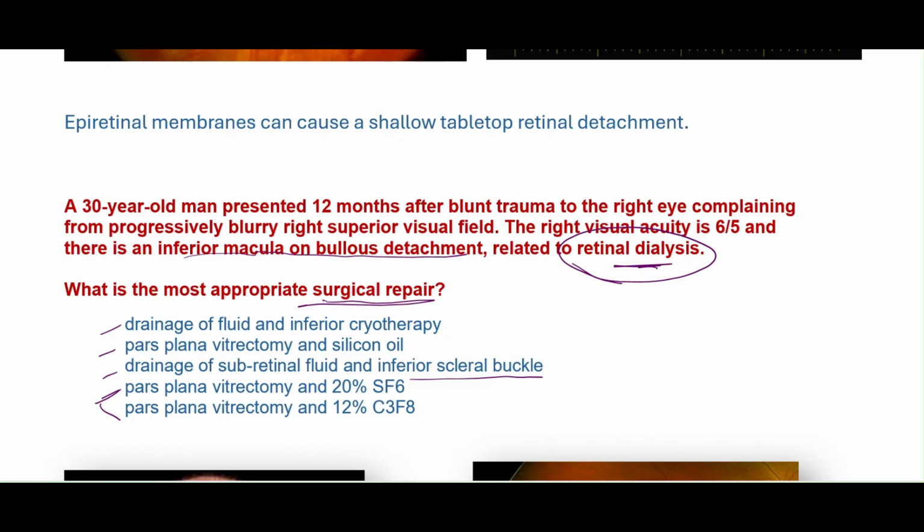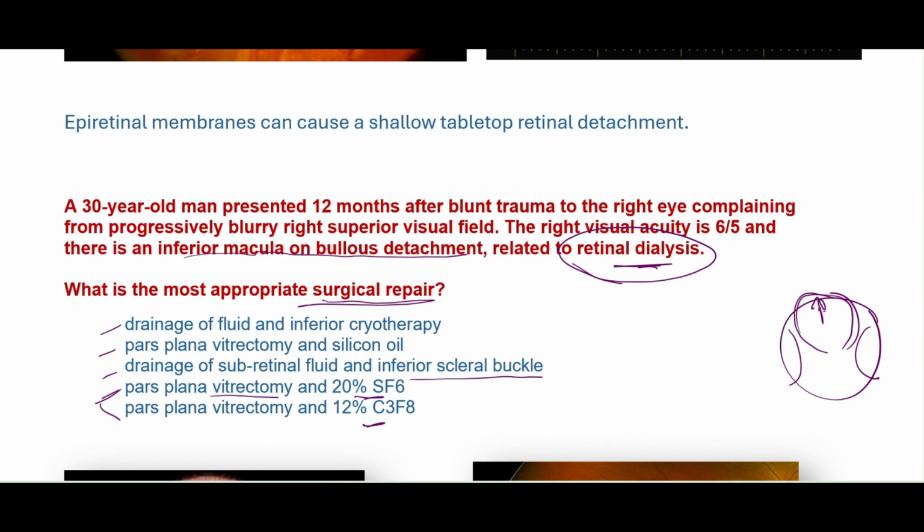So the idea is it's PPV plus gas. The gas goes up, so it mainly tamponades the superior parts, or the temporal and nasal quadrants if you ask the patient to position.